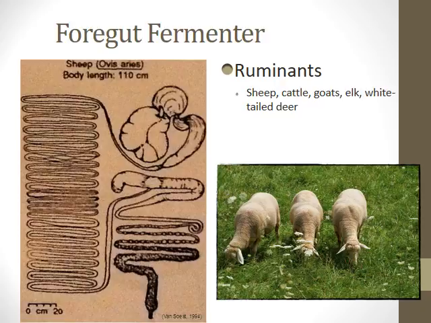So if you can watch that and then return to this presentation, then that would be great. But in general, ruminants have very long small intestines and large intestines, and their stomach has 4 compartments: the rumen, reticulum, omasum, and abomasum. And it's the reticulum and the rumen where the majority of the microbial fermentation is occurring.